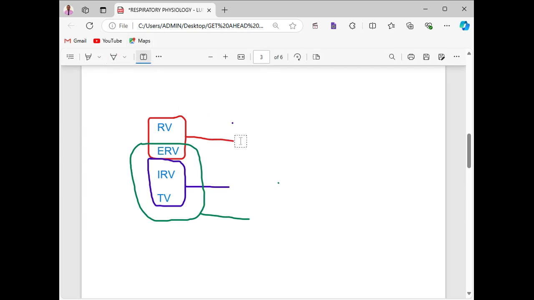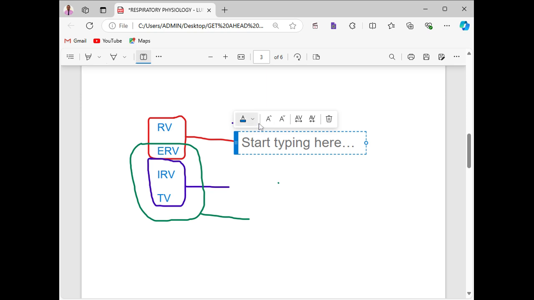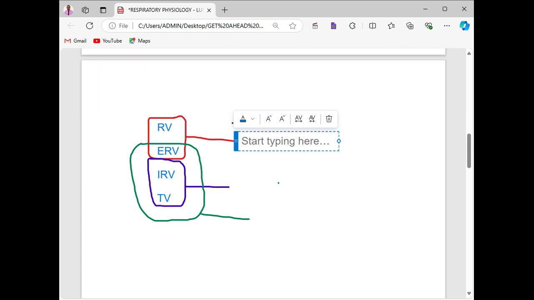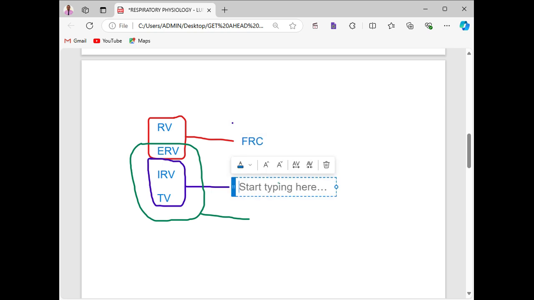Okay, so now when we come here, you discover that when we combine RV and ERV, what we get is functional residual capacity. And when we combine inspiratory reserve volume and tidal volume, what we get is the IC, the inspiratory capacity.